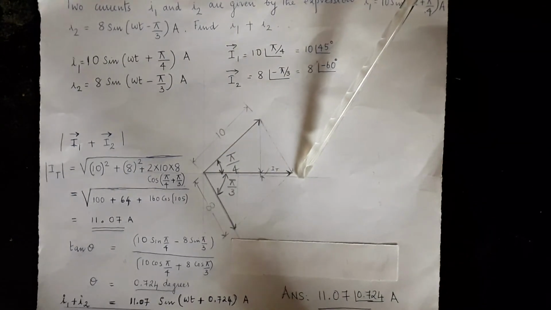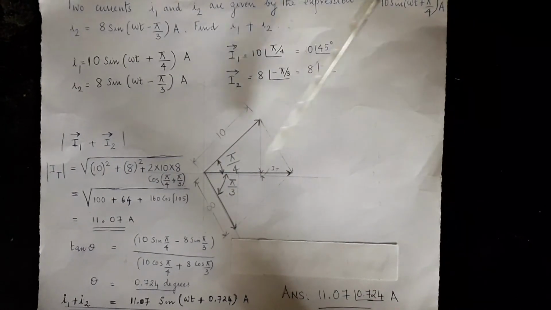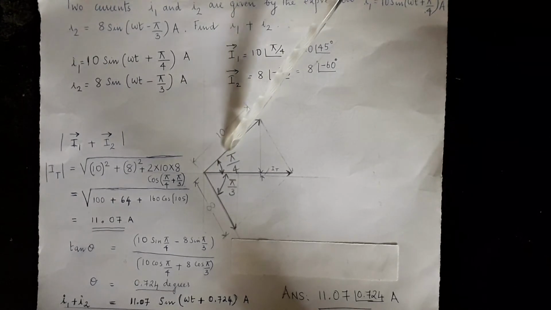So we have drawn the x-axis as a reference. The x-axis is drawn with a pencil, so you cannot see it clearly. This is the resultant vector. With respect to the x-axis, the first vector is ahead by pi by 4, and the second, I2, is behind by pi by 3.